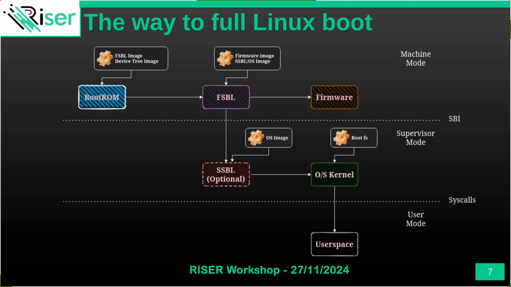The FSBL, the first stage bootloader, will then fetch the firmware image from somewhere, probably also some kind of flash, and the second stage bootloader of the OS, probably from storage or network. Then you have your second stage bootloader, which may be U-Boot or GRUB or Tianocore or whatever. If such a second stage bootloader exists, it will also fetch the operating system image, mostly from storage or network. You have more support there for more file systems.